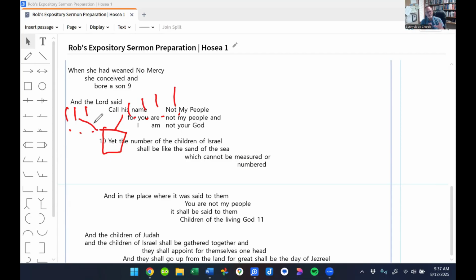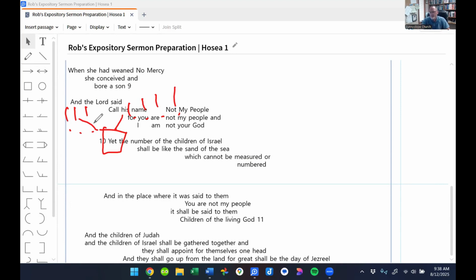So this terrible judgment is coming. The kingdom is going to be brought to an end. God is no longer obligated by the terms of the covenant because his people have broken the covenant. He's no longer going to show mercy to his people.